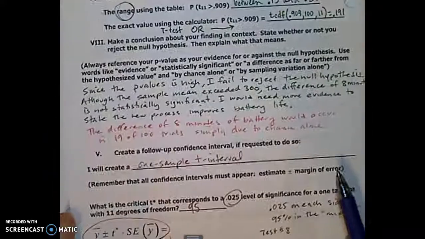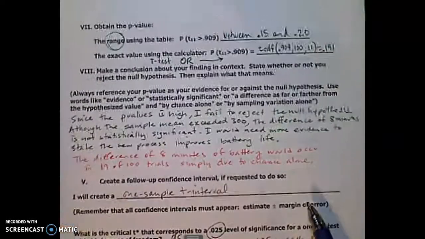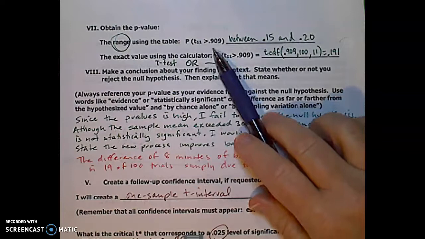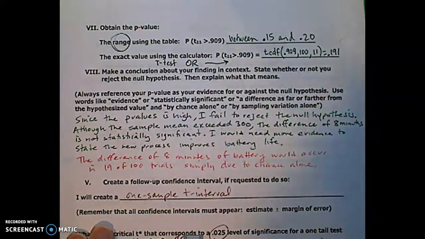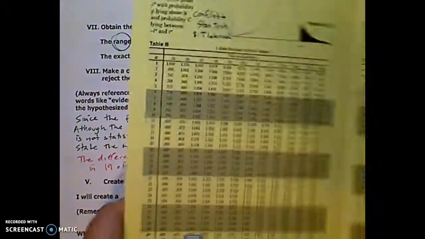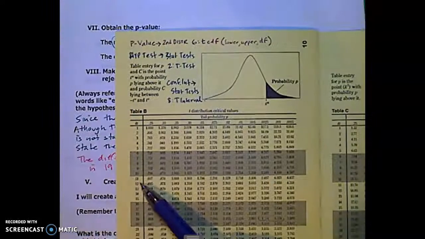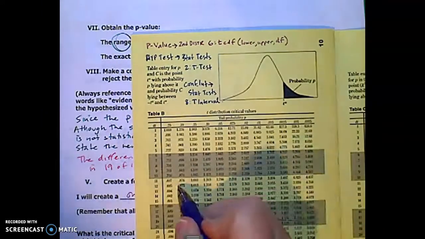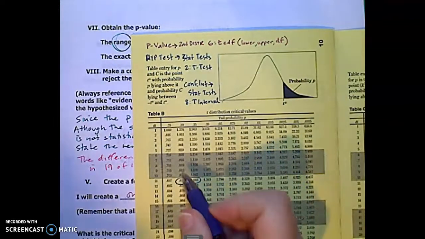Okay. So if we are using the p-value from the table, if you remember how to do that, you're going to use degrees of freedom of 11, and you're going to look for 0.909 on here. So with degrees of freedom of 11, 0.909 is in between these two values.